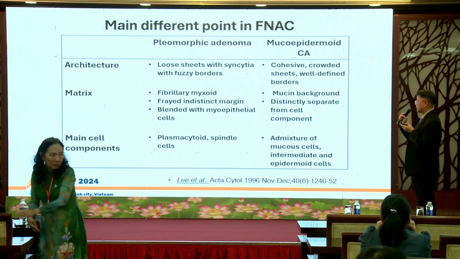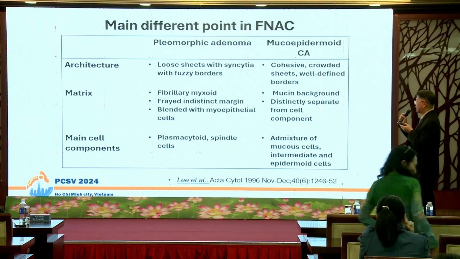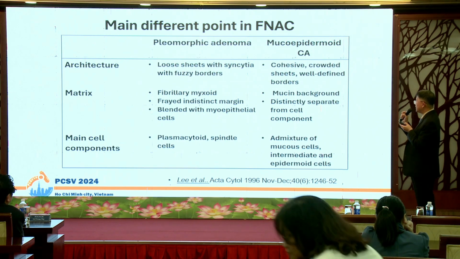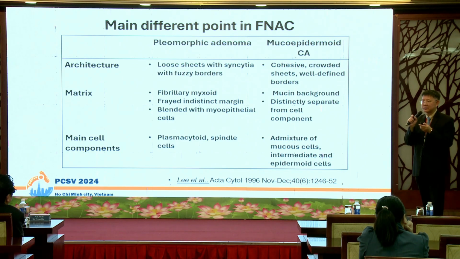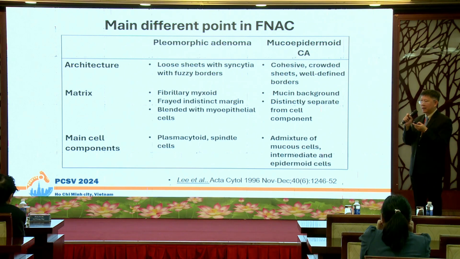This was my big mistake in this case. For the matrix, in pleomorphic adenoma both myxoid matrix and chondroid matrix can have a fibrillary background, but the difference is that in mucoepidermoid carcinoma the matrix and the cells are completely separated from each other, while the myxoid matrix of pleomorphic adenoma usually blends with the tumor cells.